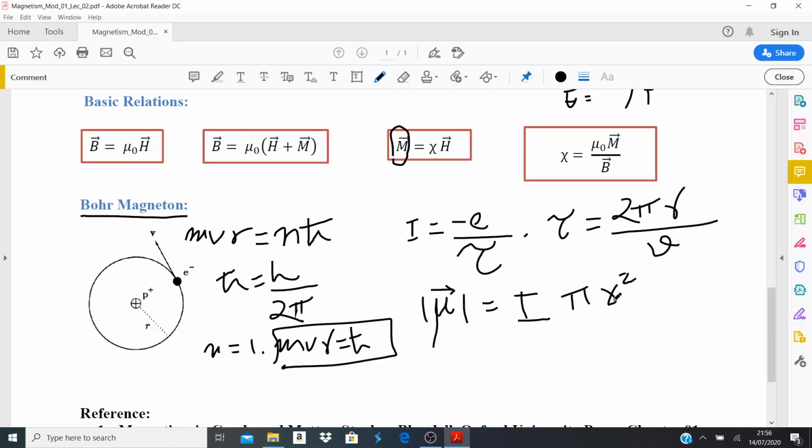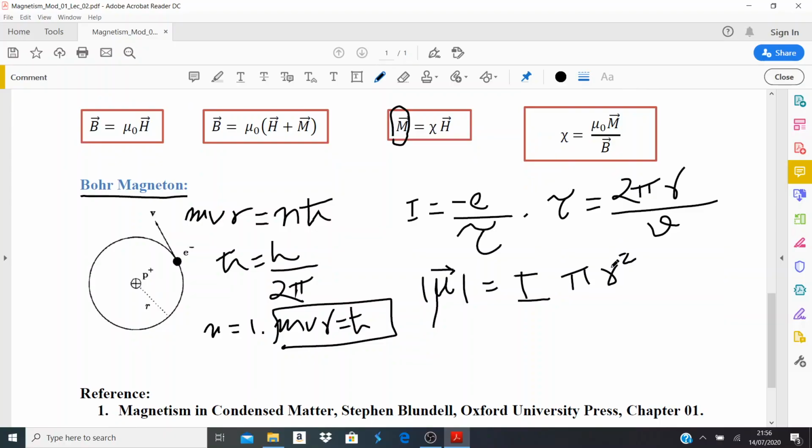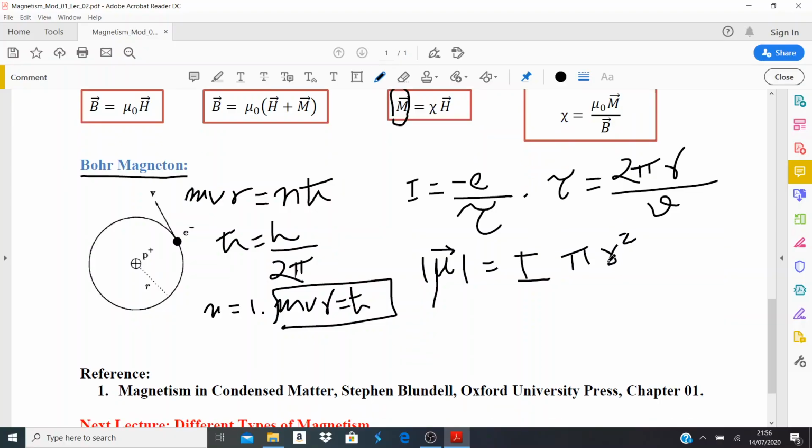Now we can manipulate this expression and try to understand what the value of the magnetic moment is. For example, let us replace I here, which is minus e over tau. So we can write minus e over tau times pi r squared. And then if we replace tau by twice pi r over v, you can see we will have minus e times vr over 2.